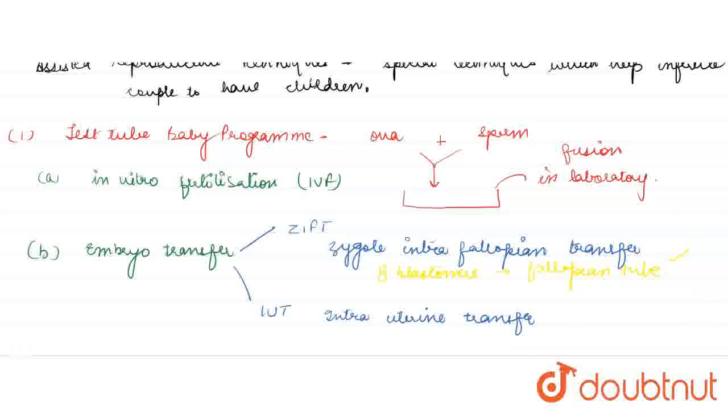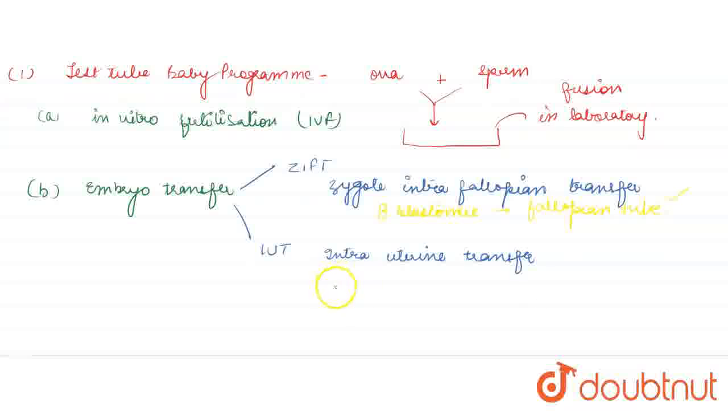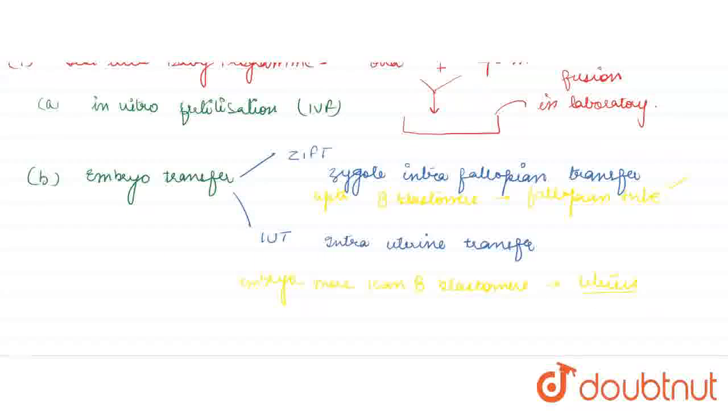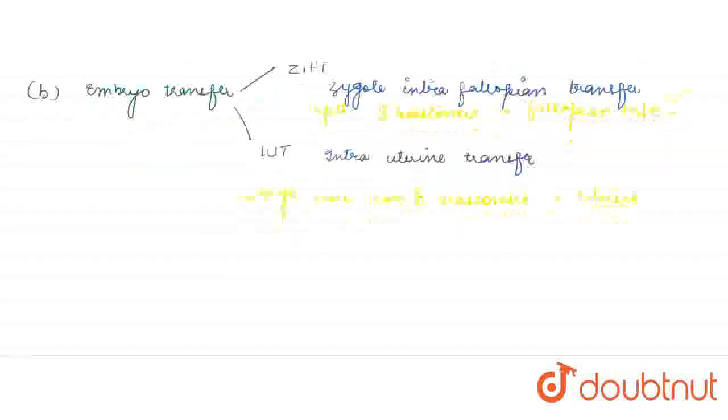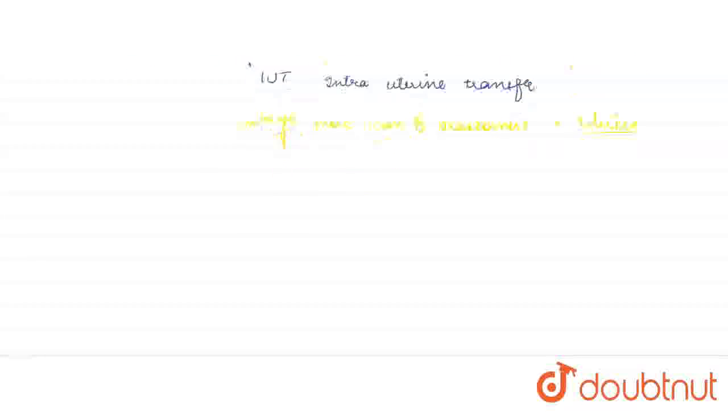Whereas in IUT, that is intrauterine transfer, the embryo with more than 8 blastomeres is transferred into the uterus or uterine cavity, and then that will get implanted within the endometrium. So this is the test tube baby program technique that is completed in two phases: IVF and embryo transfer.